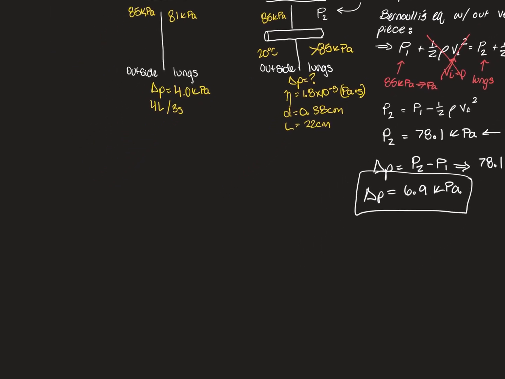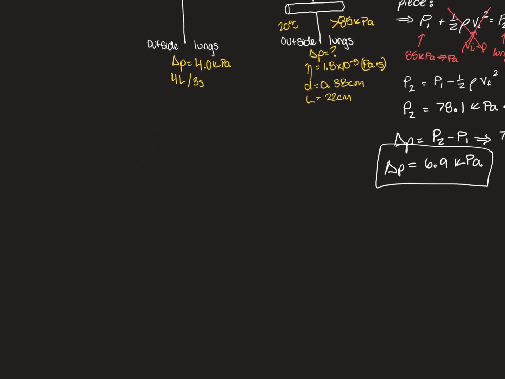All right, so I'm going to go ahead and move over here. If we're looking for pressure difference, we'll do it like this: delta P across the straw. We're looking at flow across a tube, and we have an equation to tell us the pressure difference across a tube.